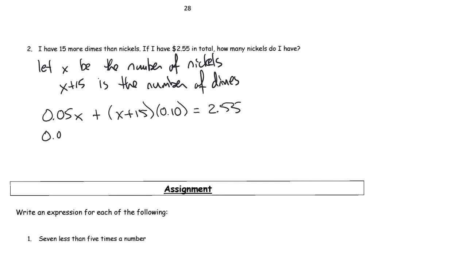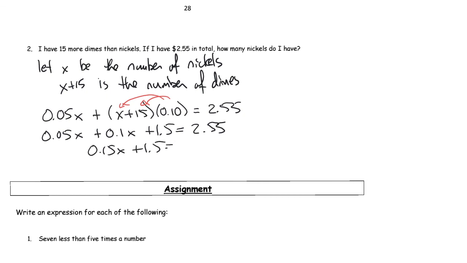So here we go, 0.05x plus I'm going to distribute that 0.1 to both of those, and that's going to be 0.1x plus 1.5 is equal to 2.55. Now I'm going to add together those like terms, and I'm going to get 0.15x plus 1.5 is equal to 2.55.